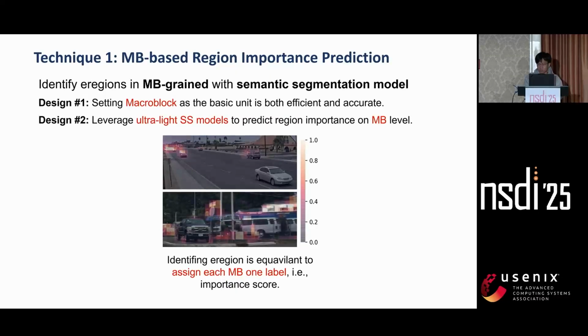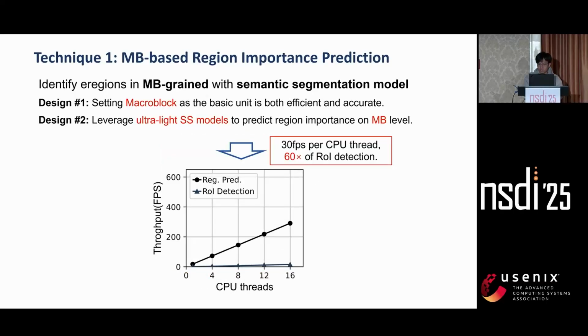Therefore, we leverage ultra-light semantic segmentation models to predict region importance at the MB level. Our light predictor can achieve 30 FPS per CPU thread and is 60 times faster than ROI detection.